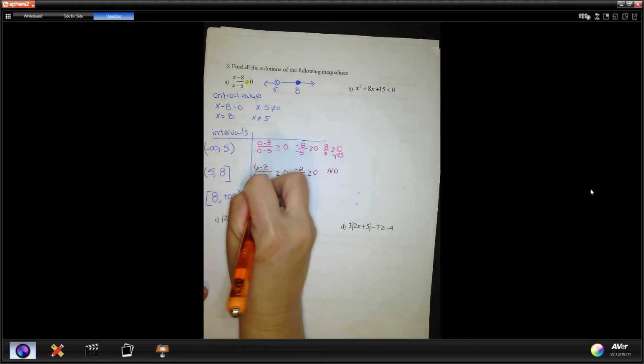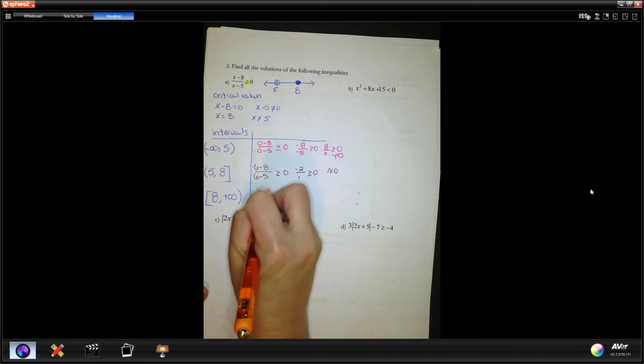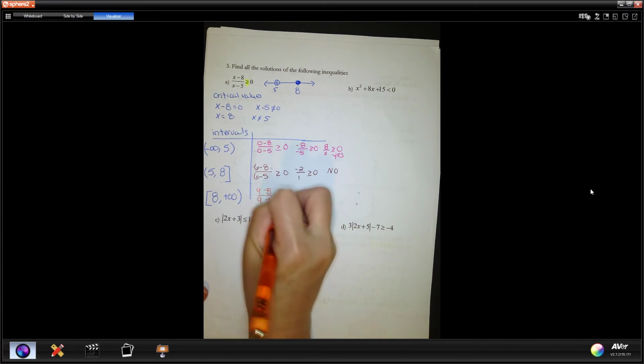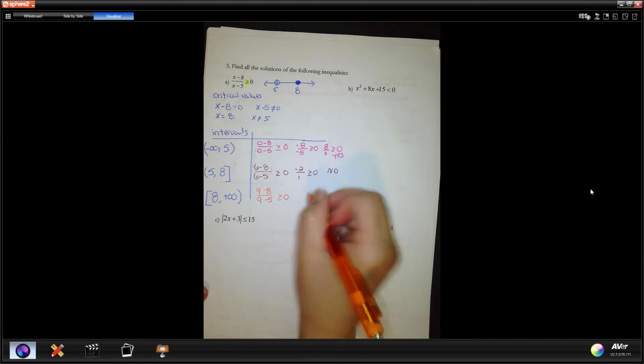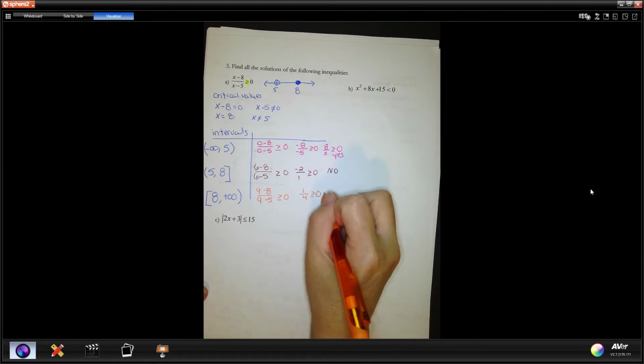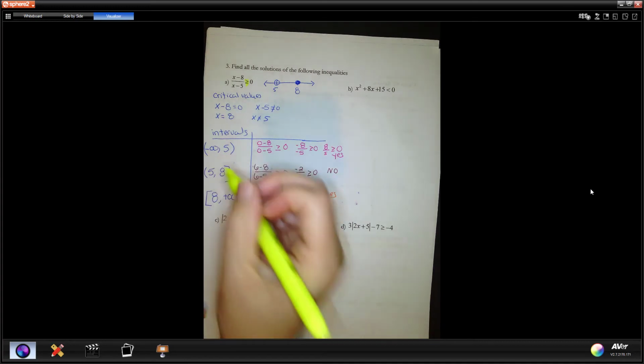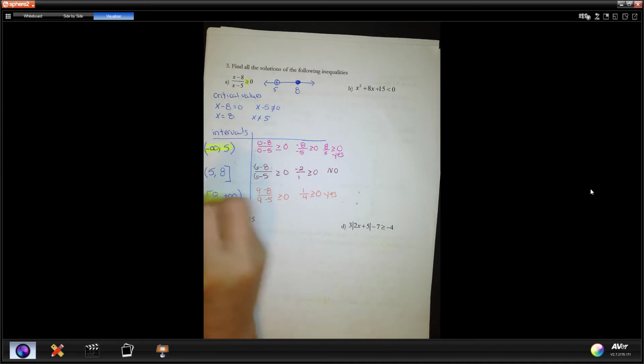So number between 8 and positive infinity, let's just go with 9. So it's 9 minus 8 over 9 minus 5 greater than or equal to 0. So 1/4, is that greater than or equal to 0? And our answer happens to be yes. So that means that this is part of our solution and this is our solution.